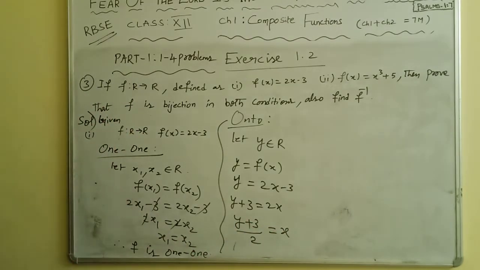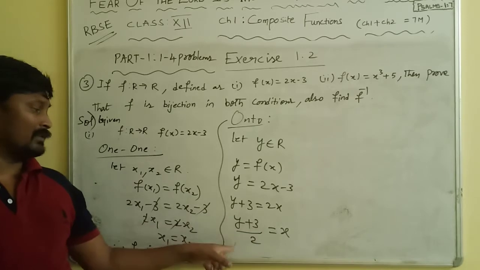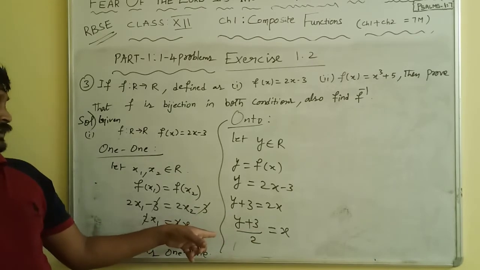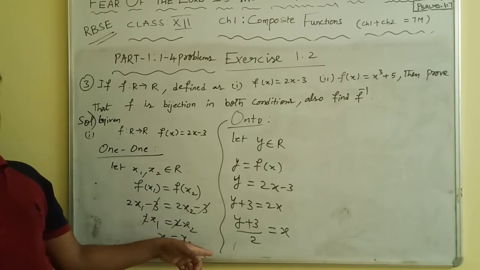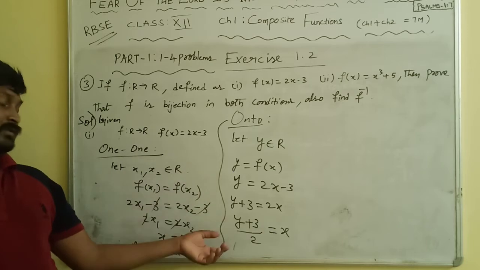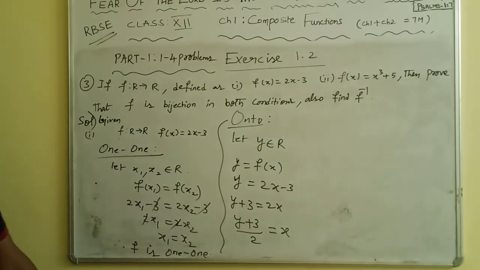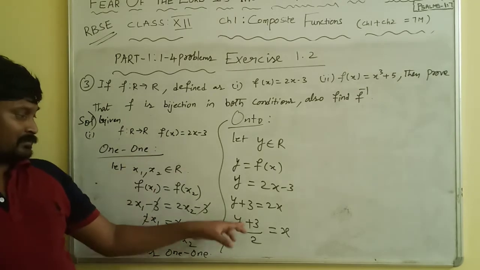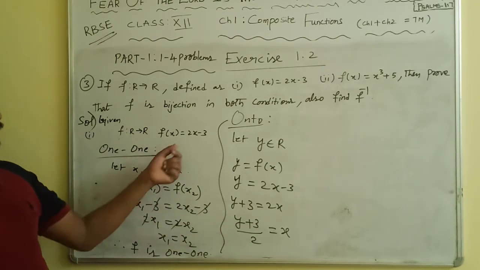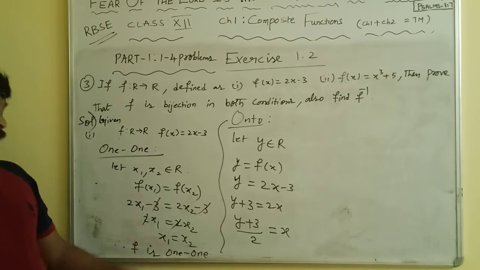So now you got x in this form, and you are going to get a real number only, because any fraction form whatever you get, that is a real number. And I already said to find that as a proof: wherever x is there, substitute this y plus 3 upon 2, then you get f of x equal to y. Therefore it is an onto function.